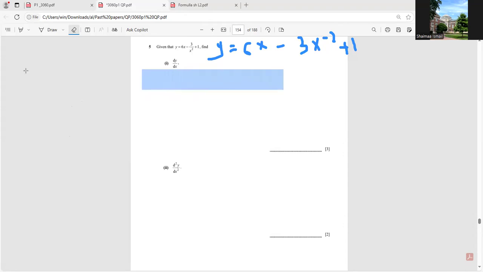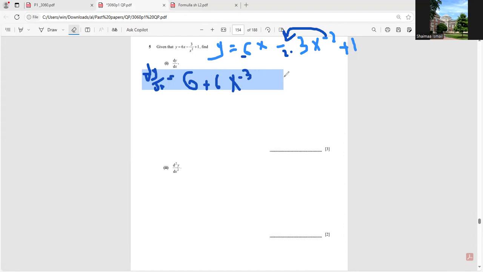So dy over dx will be equal to 6 times x to the power 1 minus, which we change to positive because it is multiplied by negative, 2 times 3, which is 6, minus 1 x to the power negative 3.